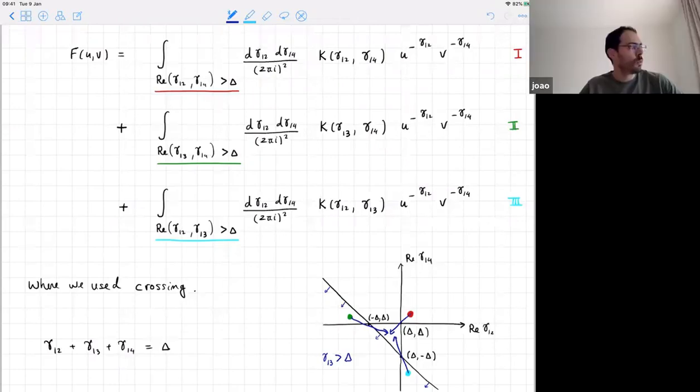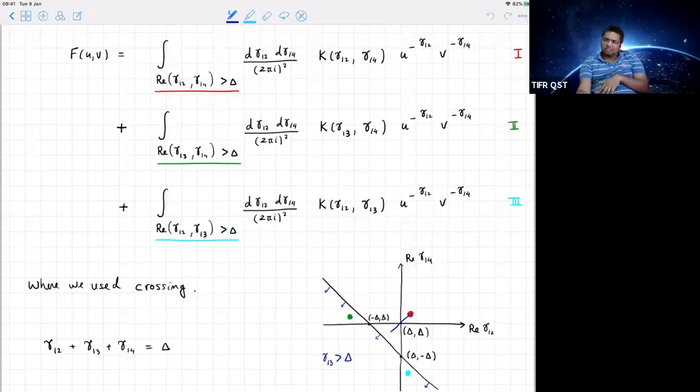It means that what has a Mellin representation is not the full 4-point function. It is the 4-point function subtracted by its leading collinear singularities, so that all light cone singularities are less singular than this delta over 3 point, so that you can have this straight contour.